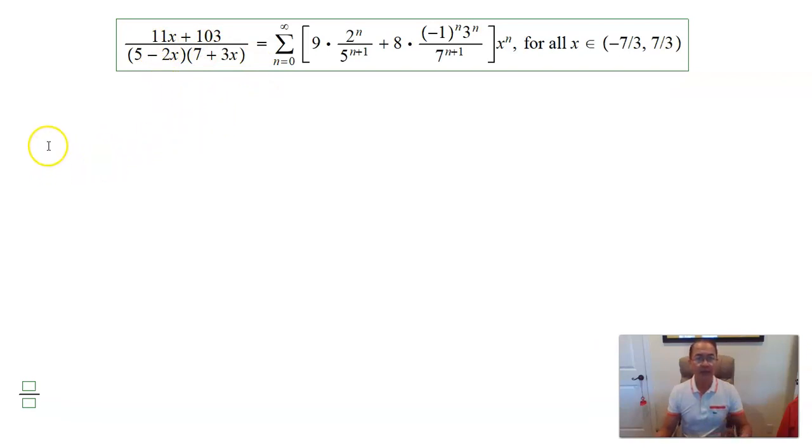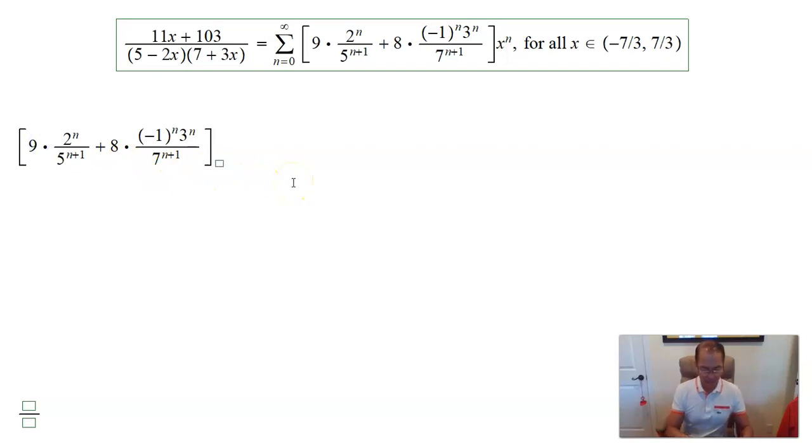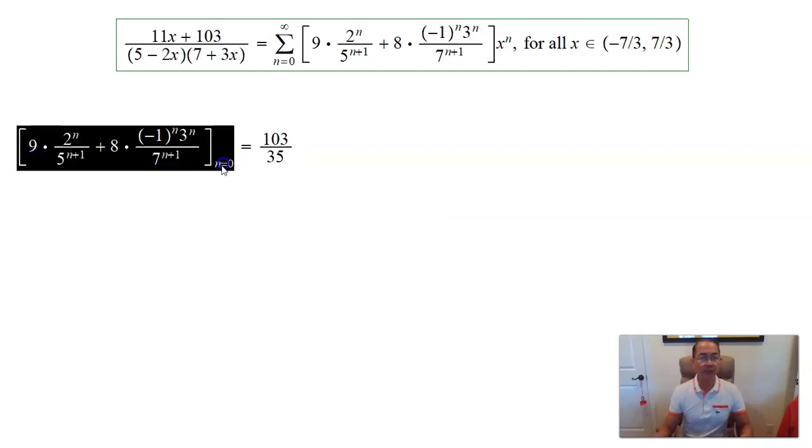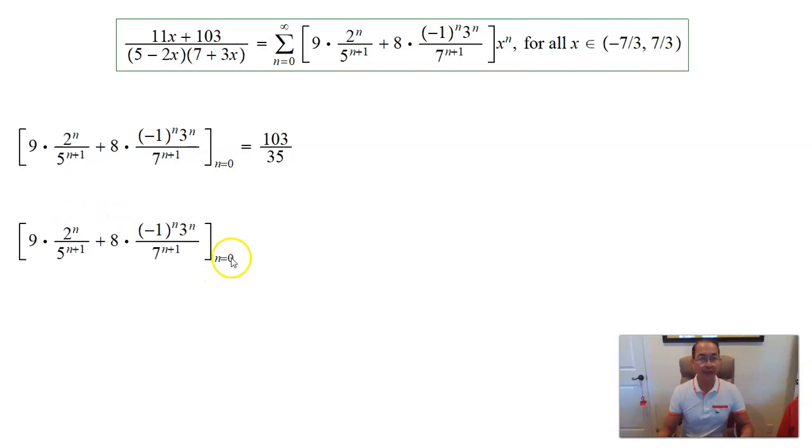So what we have to do is find the value of these coefficients for small values of n. Let's see if Maple will agree to compute that for us. Can you find that? Oh yeah, thank you so much. 103/5. So we'll plug in n equals 1 and n equals 2.